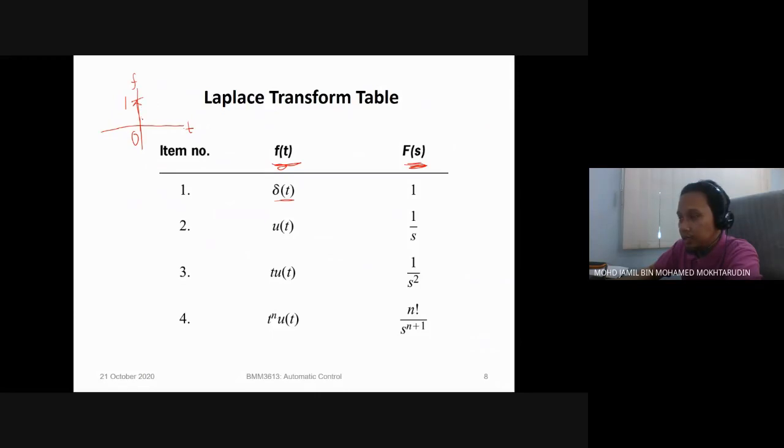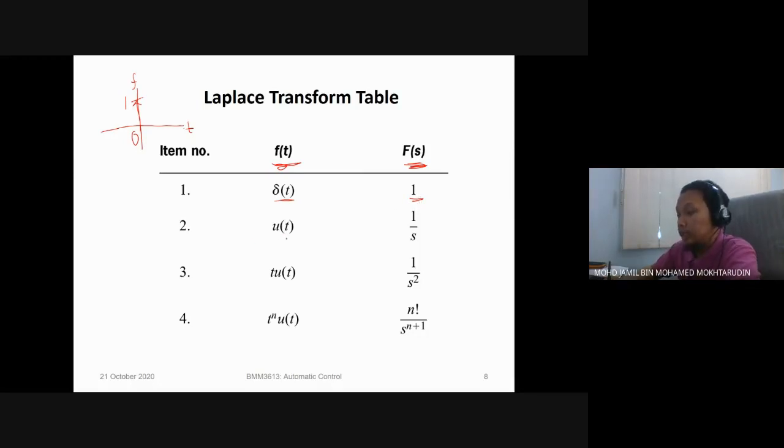Delta t is basically a function that has value 1 when time is 0. When you convert delta t to the frequency domain, it equals 1.